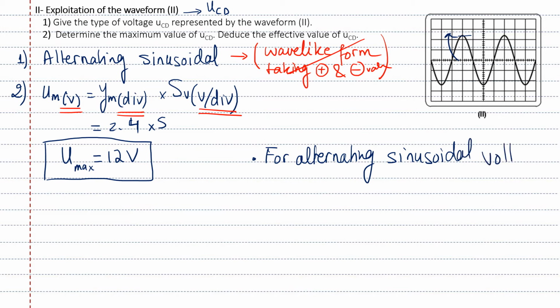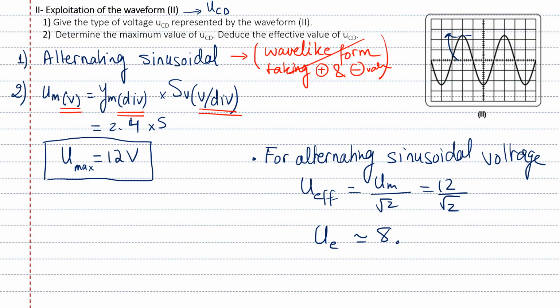We know that U effective equals U max over square root of 2, which equals 12 over radical 2. U effective is almost 8.4 volts. And that's it.